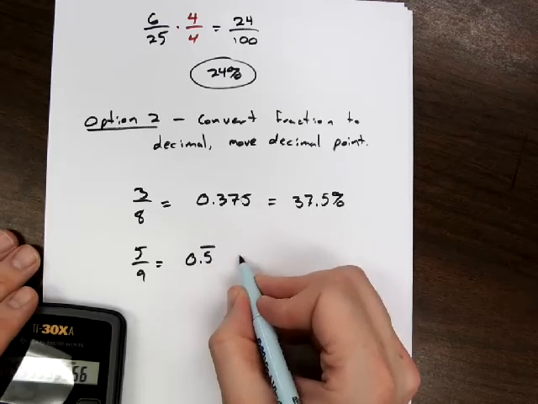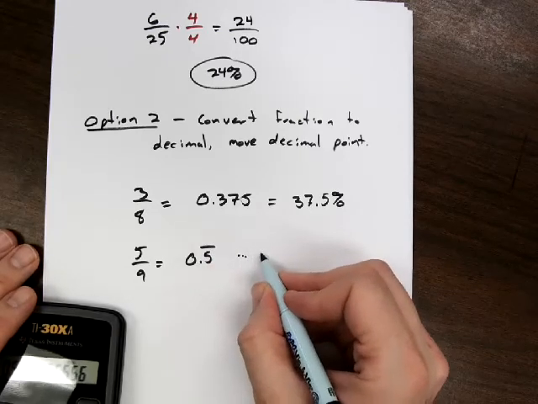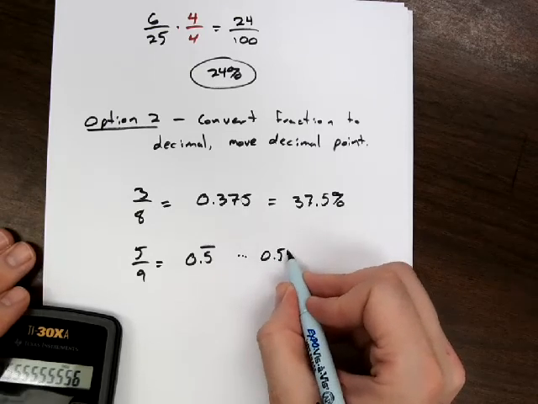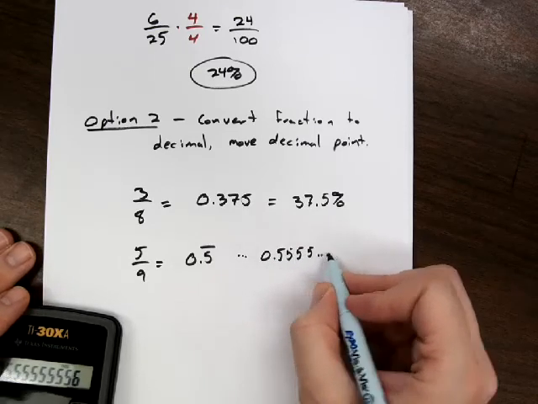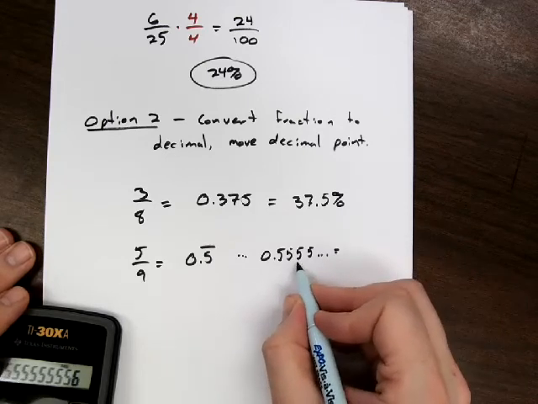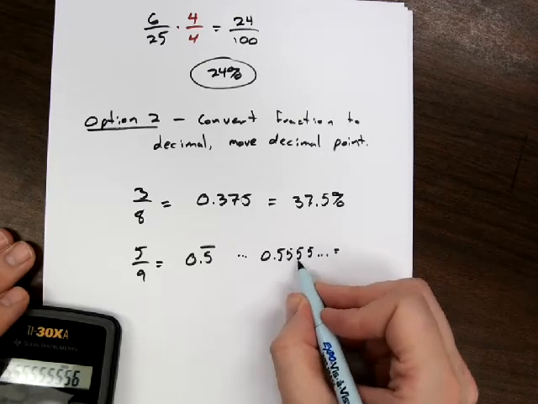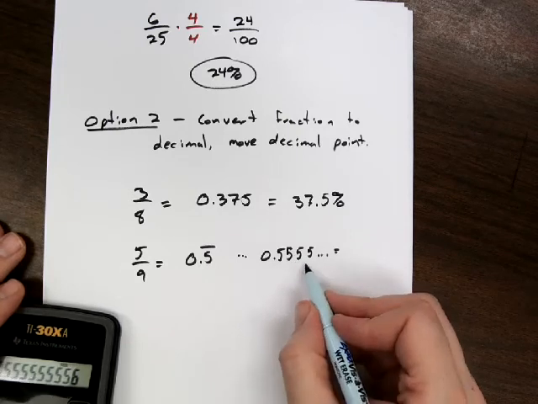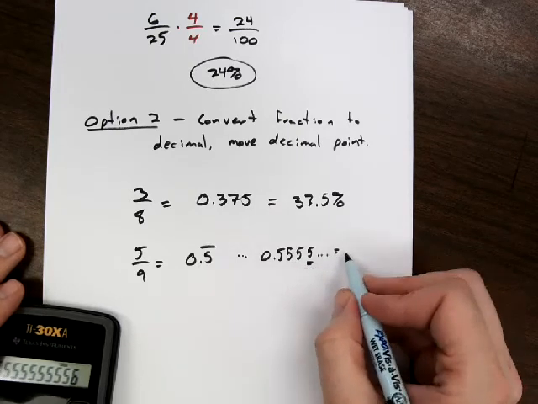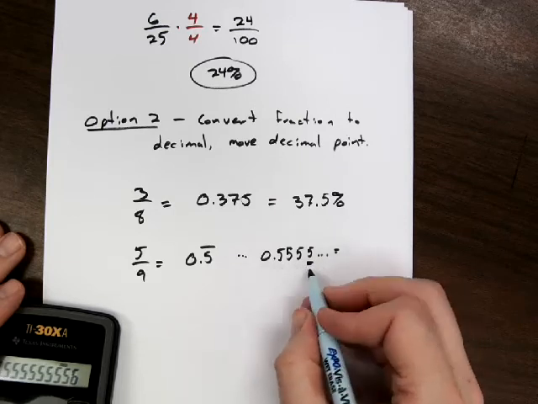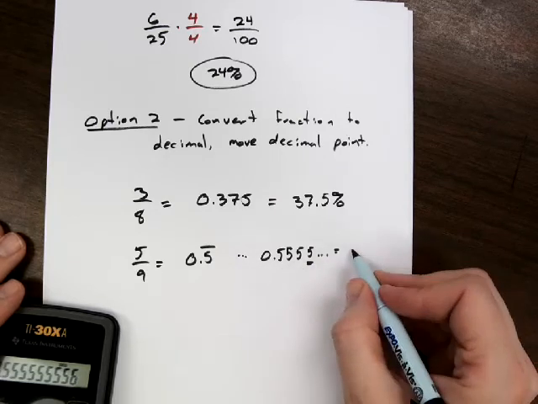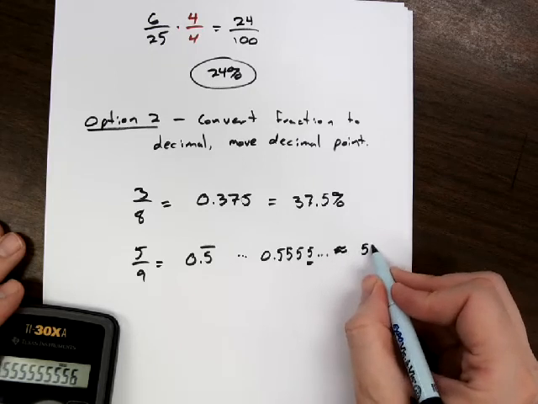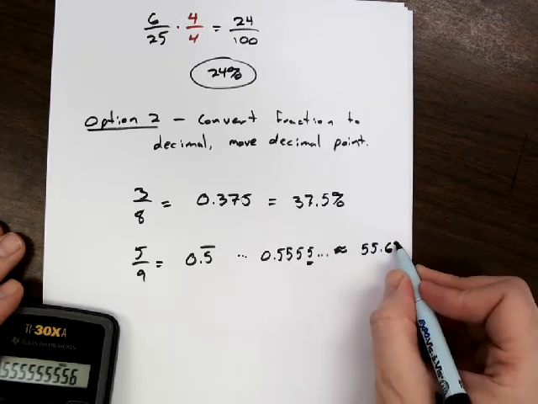And doing this, I could think of this as 0.5555 and so on. Usually we're only going to want one place past this, so I'll say go out 4 decimal places and let's round. So we're going to say this is about equal to, say, 55.6%.